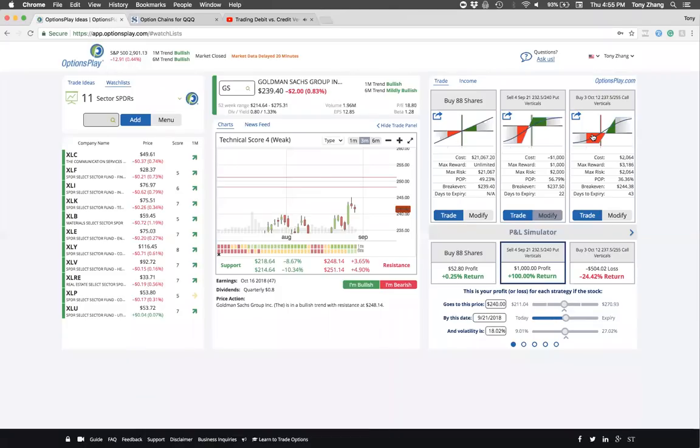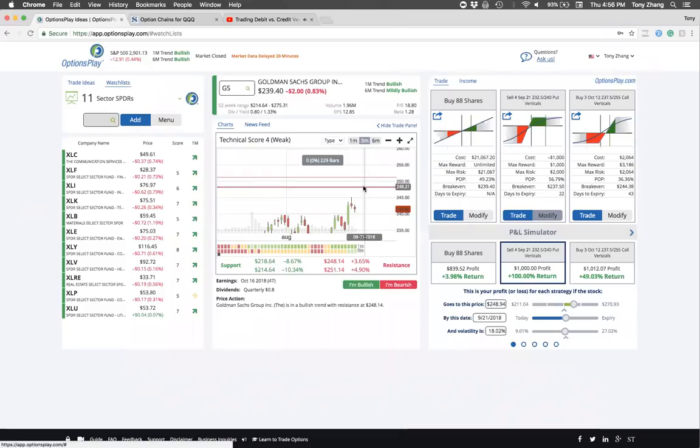Because if you thought Goldman was bullish and implied volatility is really, really low, so you chose to trade the debit spread, as you can see, you're not going to make any money if the stock stays where it is. But if you think the stock's going to go any higher, say the stock goes up to roughly 248, which is $8 higher, a decent move higher, but not a whole lot.